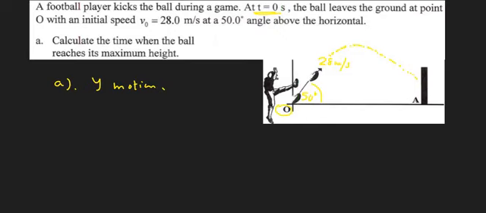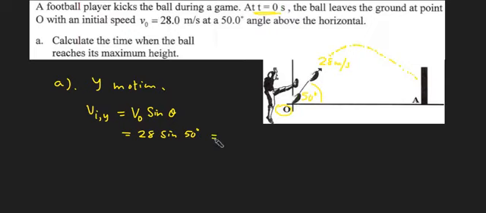If we look at the initial y velocity, it's going to be the starting velocity, which is 28 meters per second, v naught sine theta. So v naught sine theta would be 28 sine 50 degrees. That gives you the starting velocity for this particular problem.